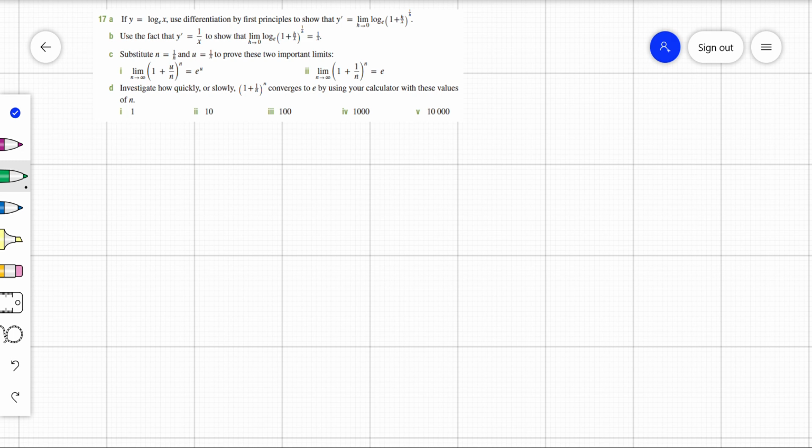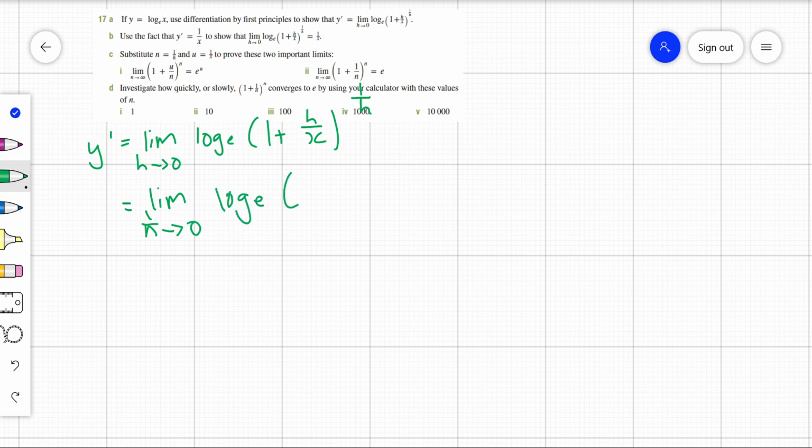So we're substituting into y dash, the limit as h goes to 0 of log base e of (1 plus h on x) to the 1 on h, and we're putting h is 1 on n, so 1 on n goes towards 0, log base e of 1 plus, so h here is 1 on n, but 1 on x is u, so that'll be u, and then we've got to the power of 1 on h, which is n.